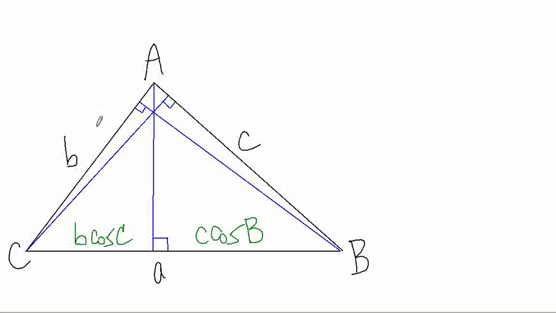So the side with length b, the two pieces there are, let's see, c cosine of A, that's the little piece, c cosine of A, and then a cosine of C.